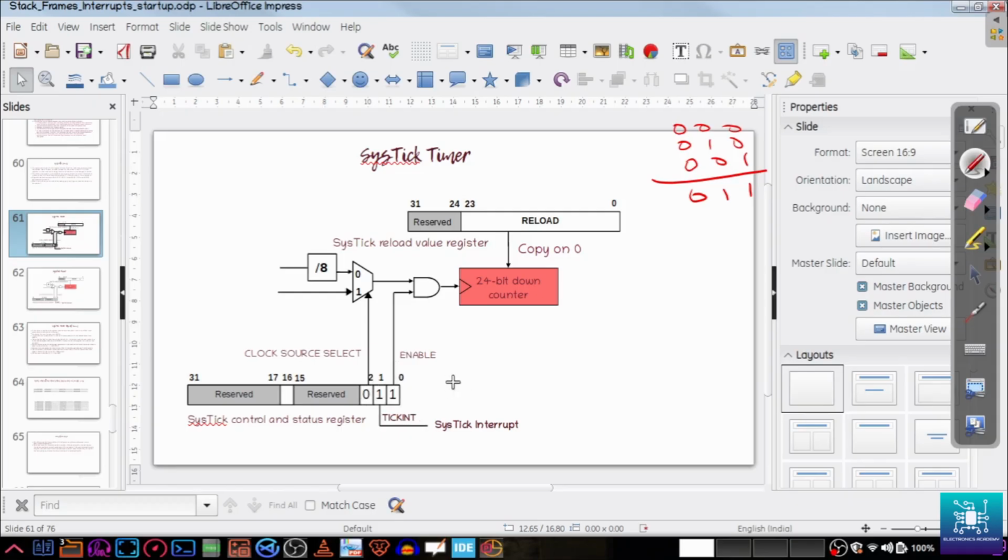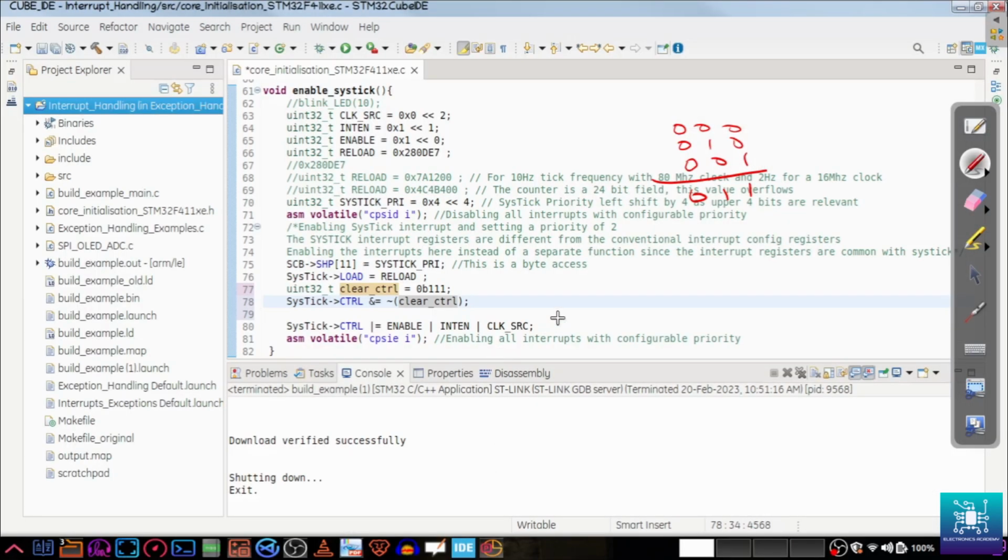So the moment you set this, the Systick timer is activated. It starts counting down, and then you do ASM volatile CPSIE I. This means you have enabled, again in the PRIMASK register, all the interrupts with configurable priority.